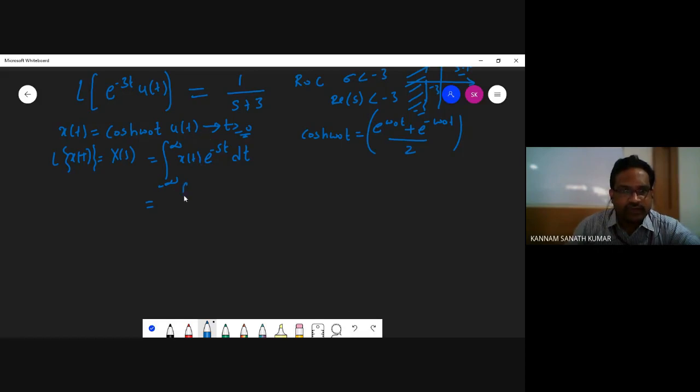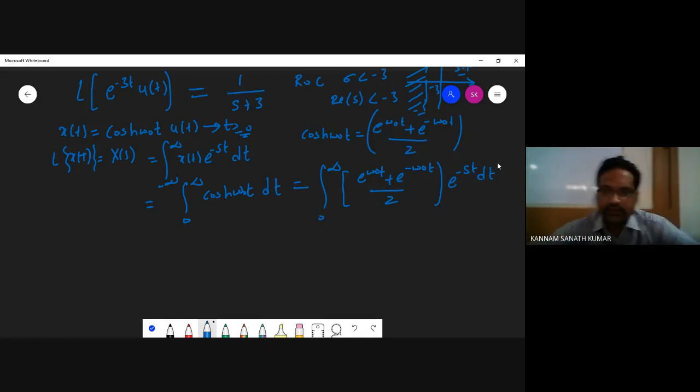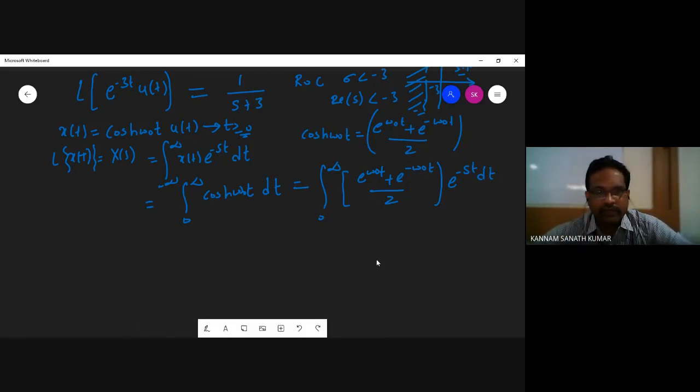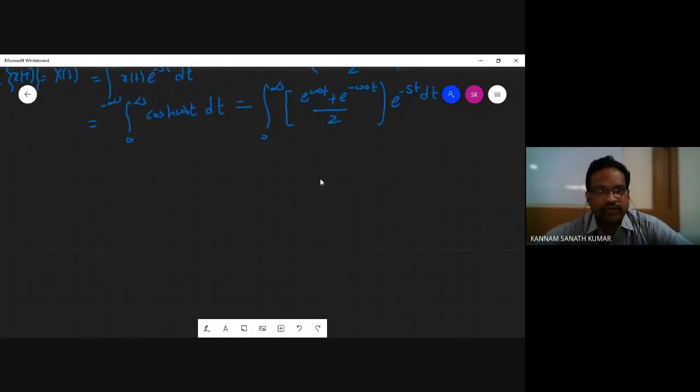So the integration is from 0 to infinity of cosh omega naught t dt. That is equal to the integration from 0 to infinity of e power omega naught t plus e power minus omega naught t divided by 2 into e power minus st dt. Just convert the given hyperbolic function into an exponential function.